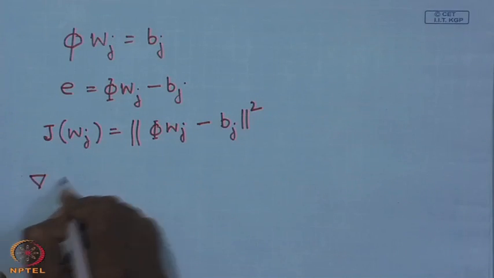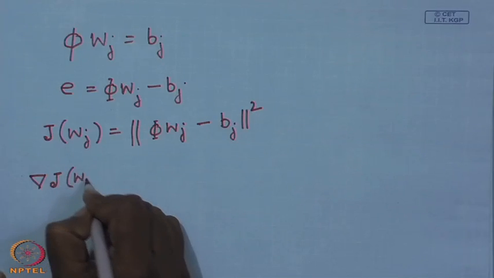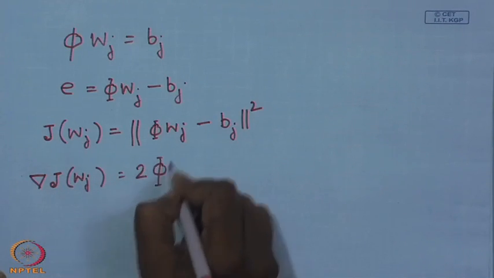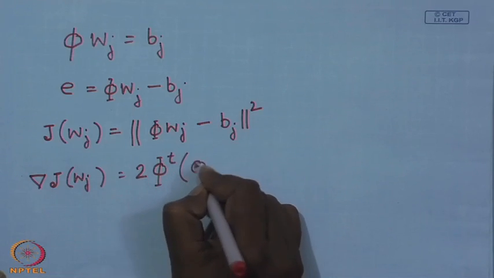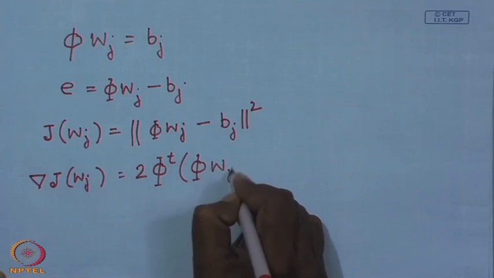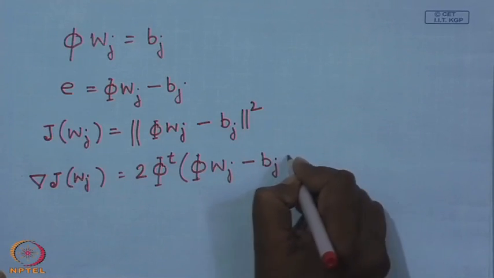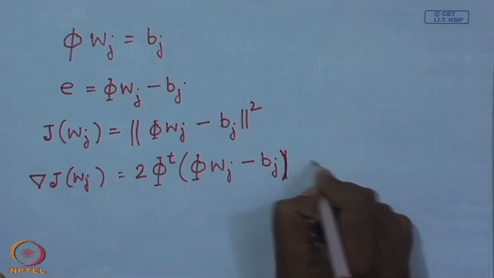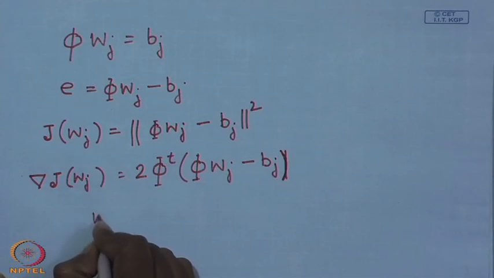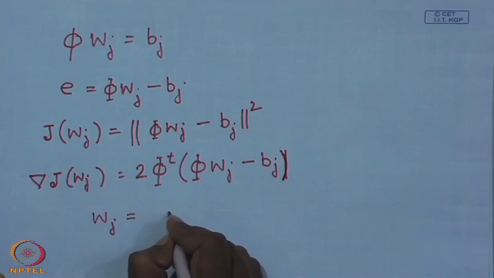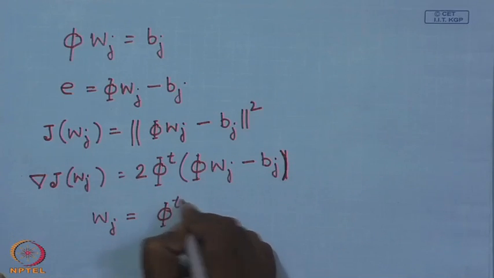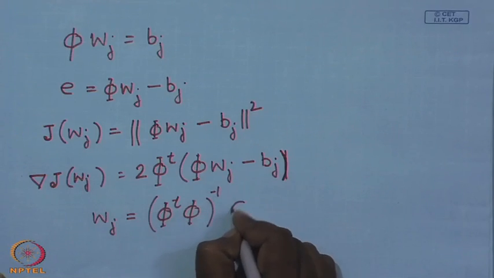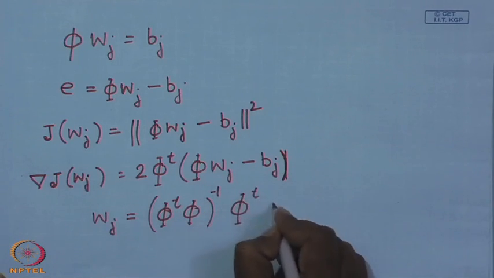So, grad of J of w j will be simply 2 phi transpose into phi w j minus b j. And by equating this to 0, what we get is w j is equal to phi transpose phi inverse of this into phi transpose b j.